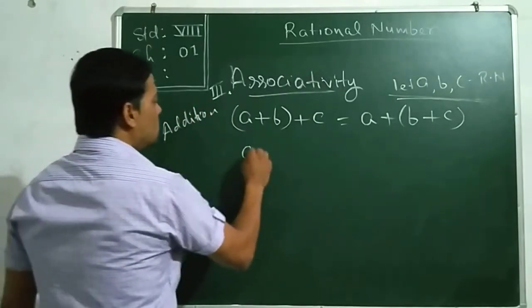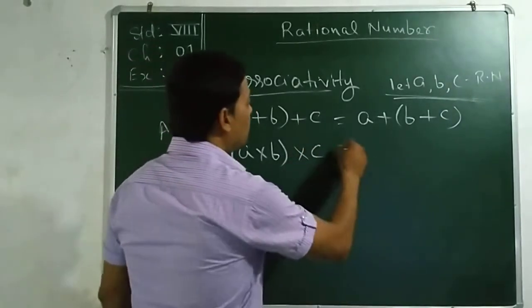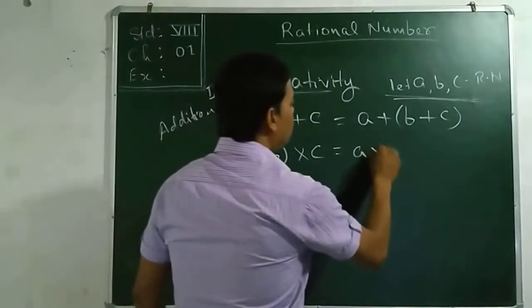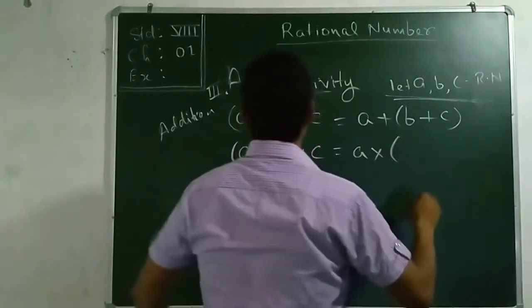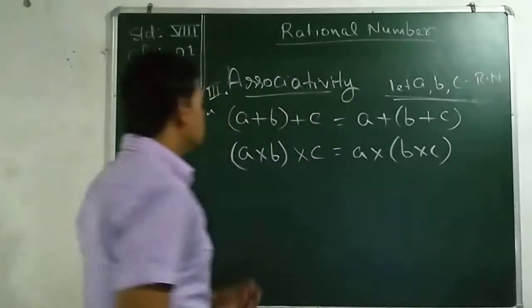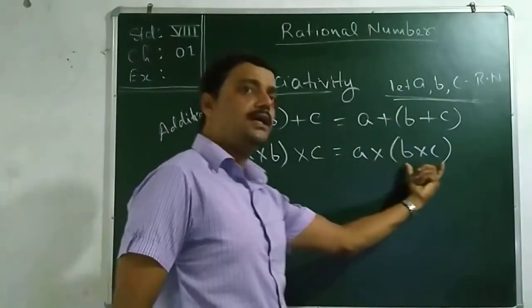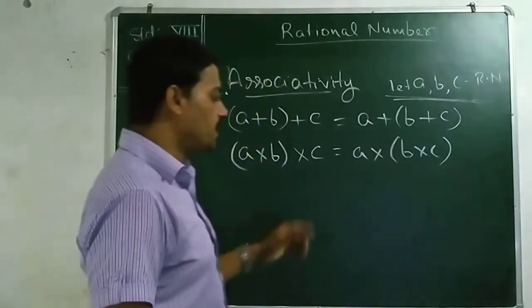For multiplication also, (A into B) into C will be equal to A into (B into C). If the product of A and B is multiplied by C, or the product of B and C is multiplied by A, you will get the same result.